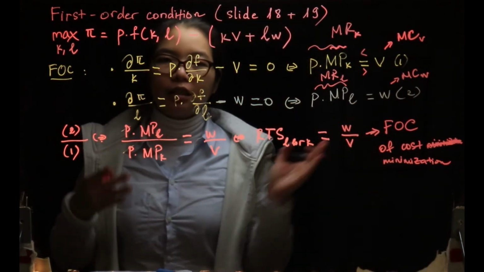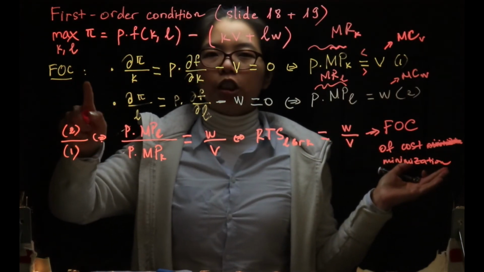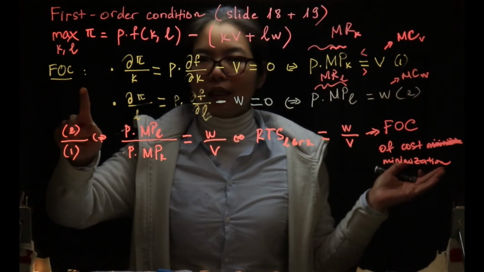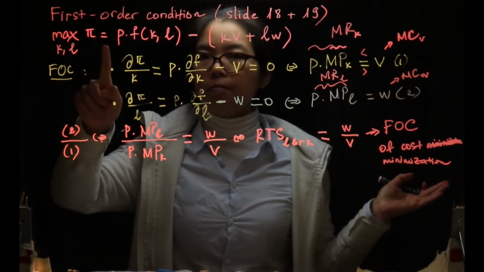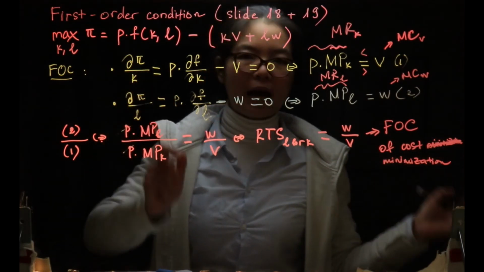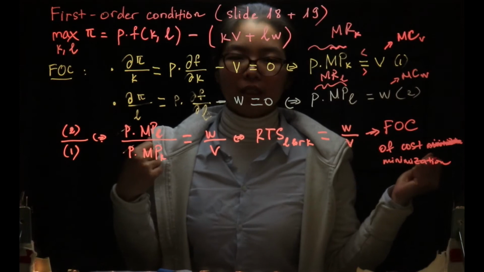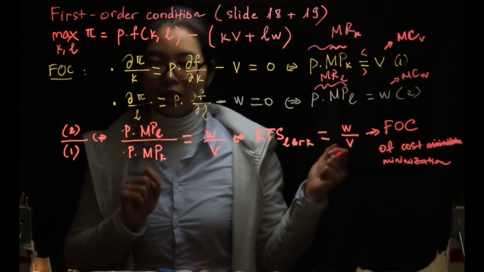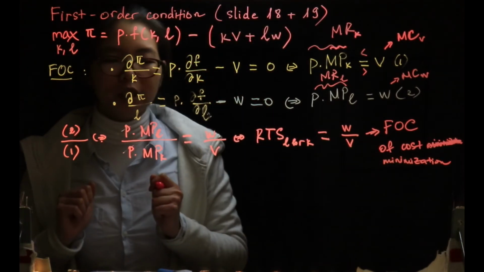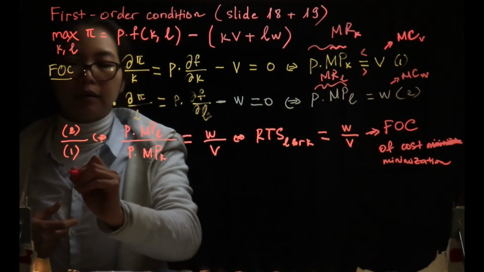And the implication is that the first order condition of the profit maximization problem from the input perspective already implies cost minimization. Keep that in mind. We will need it later to explain something else.